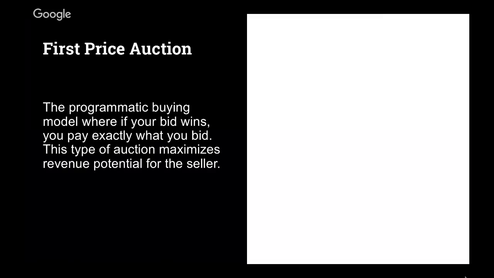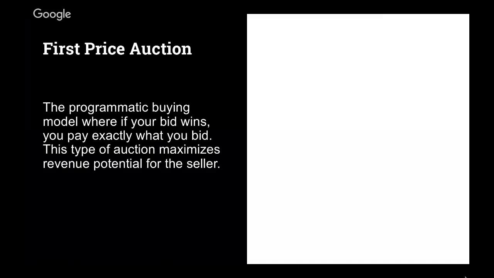This type of auction maximizes revenue potential for the seller. So, if I am an advertiser and I bid $5 on a piece of inventory and I win, then I pay $5 for that. But if you remember earlier, we had an example with Pandora where Pandora was only asking for $1. Yet if I bid 5, I've now bid 5 times what they were asking, which means I've overpaid.